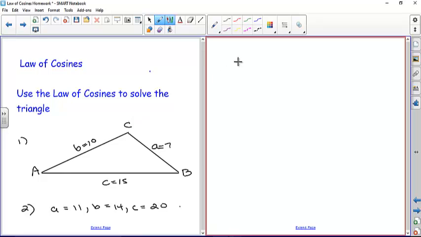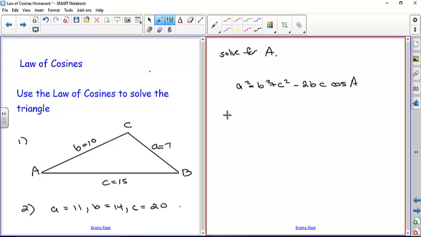So let's solve for angle A. We can choose any one of them. So we're going to have A squared is equal to B squared plus C squared minus 2BC cosine of A. This left-hand side has to match up letter-wise with the argument of the cosine.